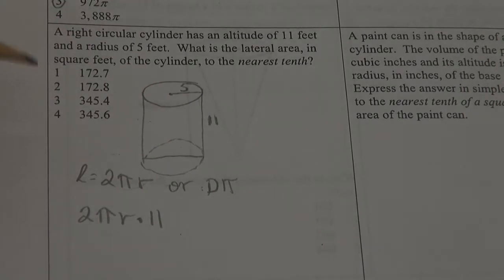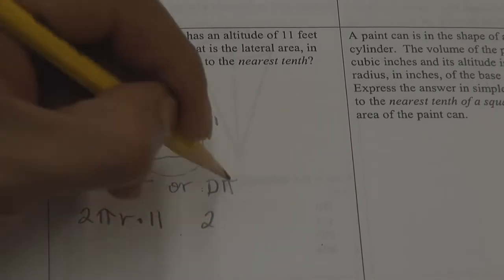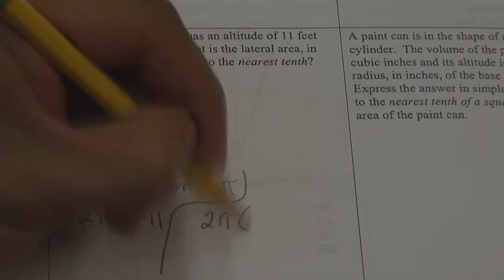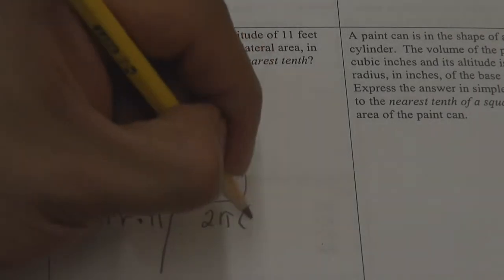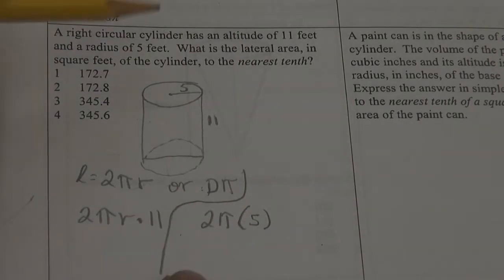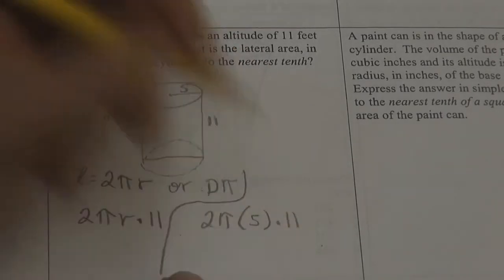So now we could work around it. So 2 times pi times r. What is the radius of this cylinder? It's 5, right? Nice. Okay. So now I'm gonna multiply that by the height, which is 11.